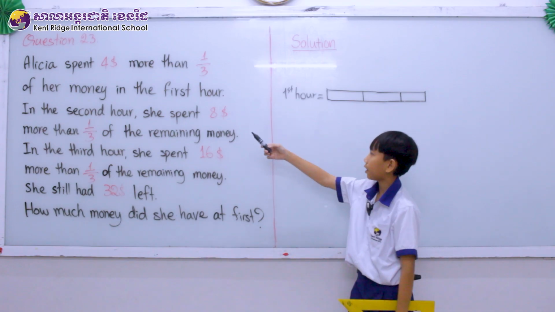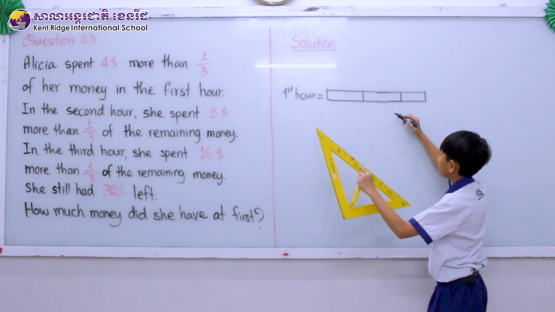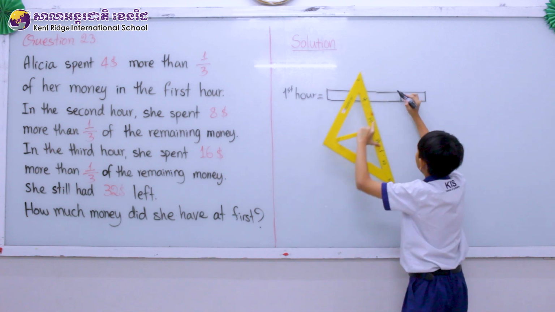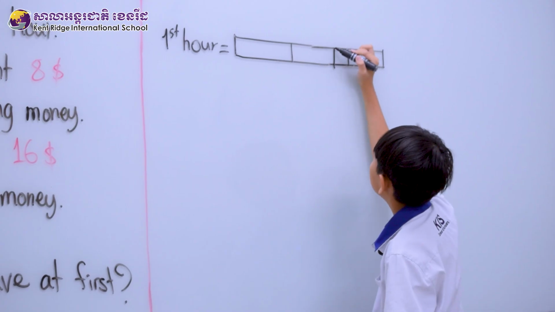They said that in the first hour, Alicia spent $4 more than 1/3 of her money. So we have to draw $4 more than 1/3.